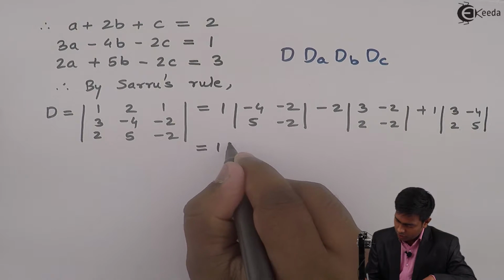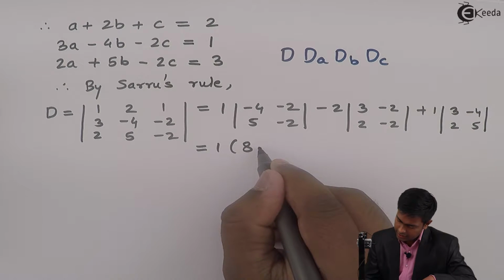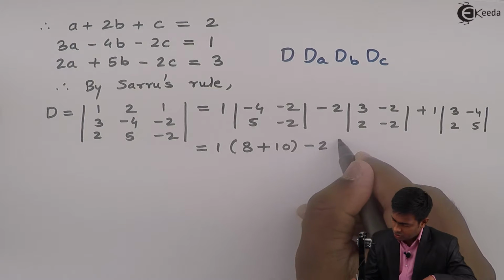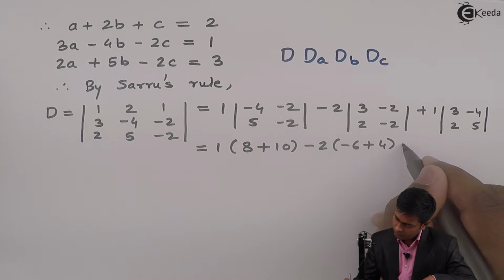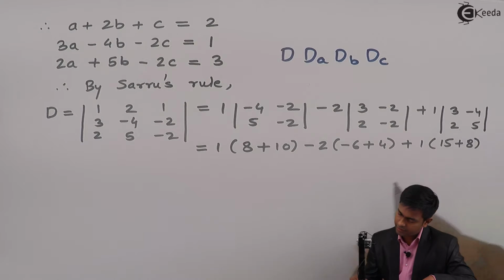So we'll get 1 into, this is 8 and this is minus minus plus 10. This is minus 2 into minus 6 plus 4, plus 1 into 15 plus 8.